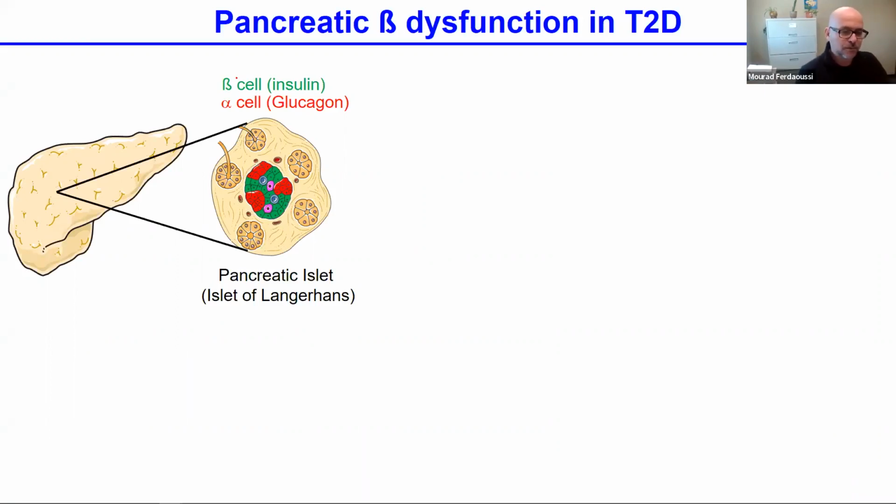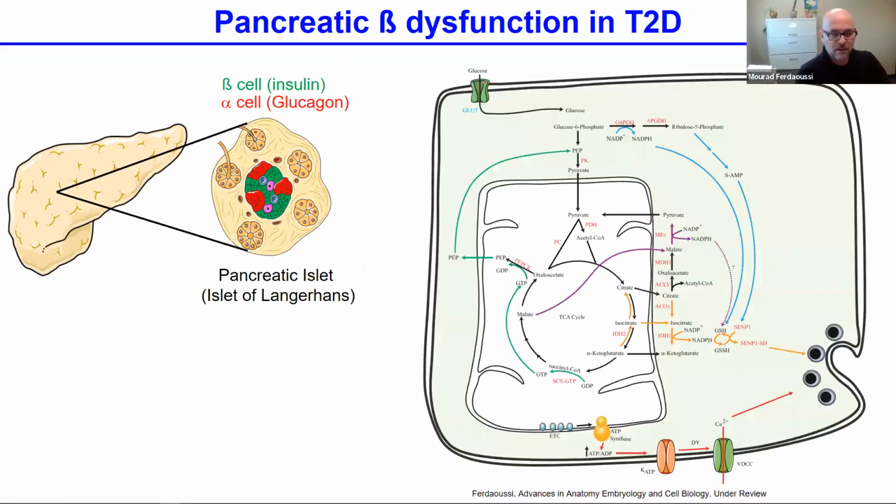Other cells are present, but we find the beta cells that secrete insulin and the alpha cells that secrete glucagon. Insulin is secreted, as we mentioned, in response to hyperglycemia, so when we have this increase of glucose concentration, through different intracellular mechanisms involving the mitochondria, the TCA cycle, and the generation of different metabolic coupling factors, it induces the release of insulin granules, or the exocytosis of insulin granules.